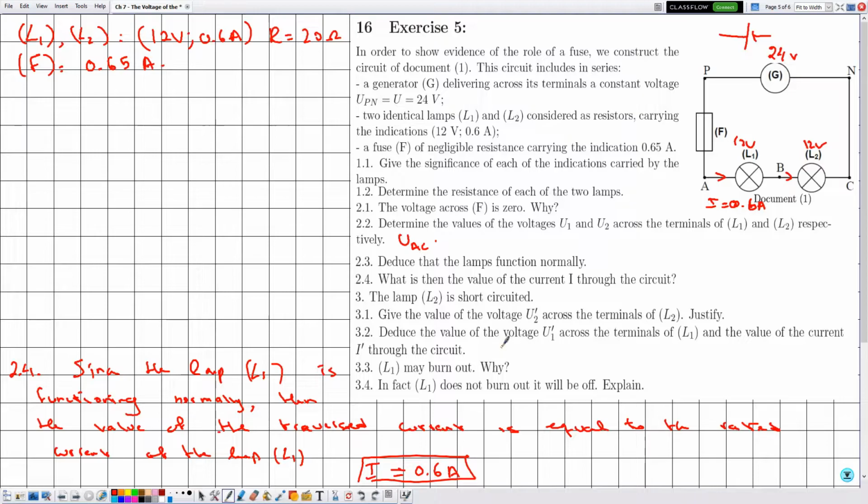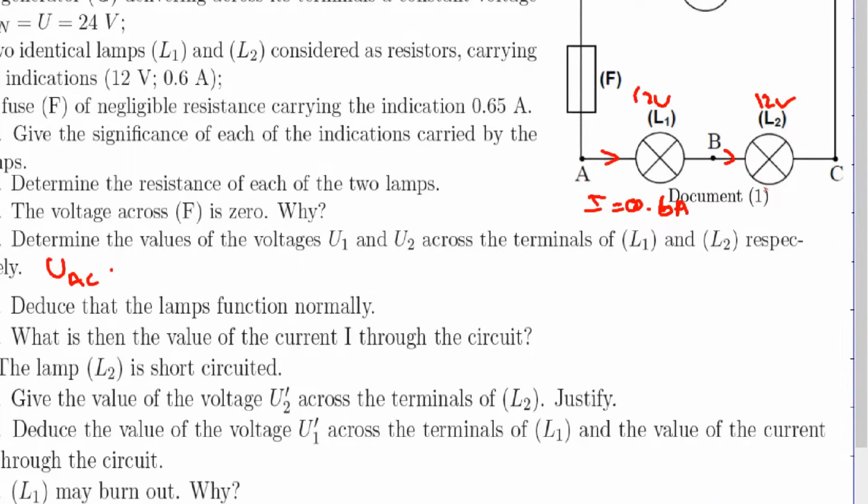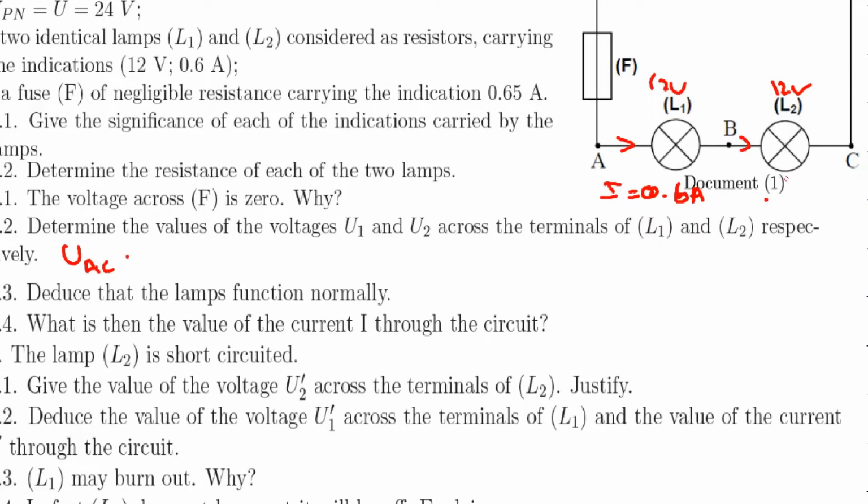Now in number 3 they are telling me the lamp is short circuited. By short circuiting the lamp, it means that its voltage will be 0, because whenever an electric component is short circuited, its voltage is 0. What is meant by short circuited?